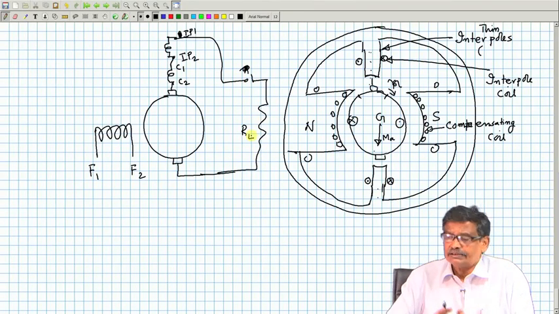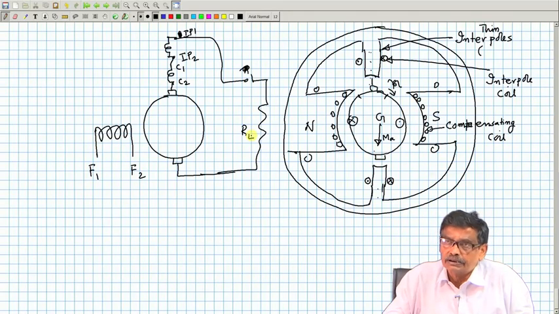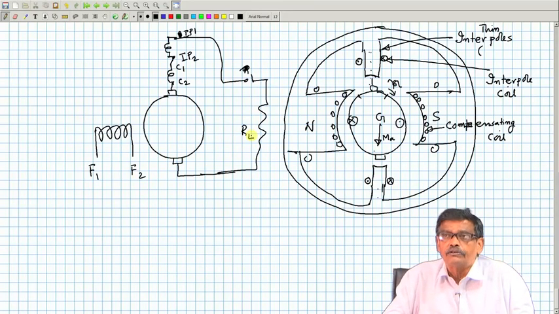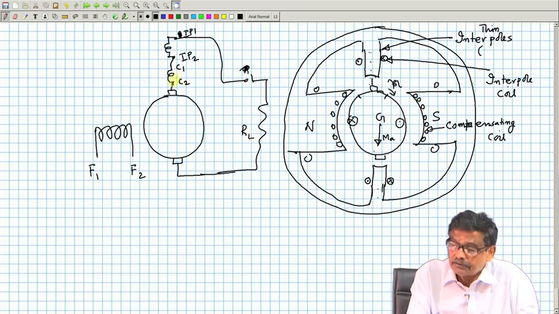So, to summarize what I am trying to tell: qualitatively, we have first seen what is armature reaction, what are the ill effects of armature reaction, and then how to avoid the ill effects of armature reaction by connecting a compensating coil.